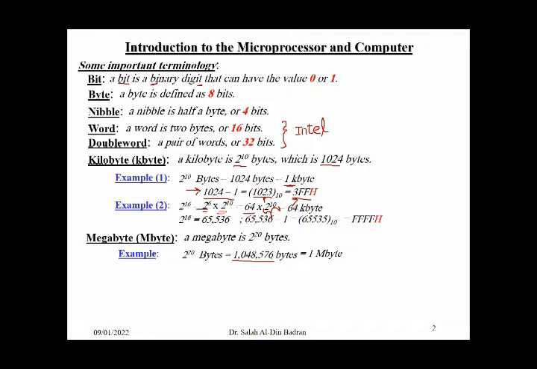So this is a megabyte. 2 to the power 20 is 1 megabyte. Minus 1, we get this number in decimal and this number in hexa.